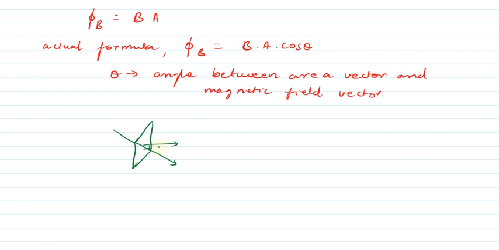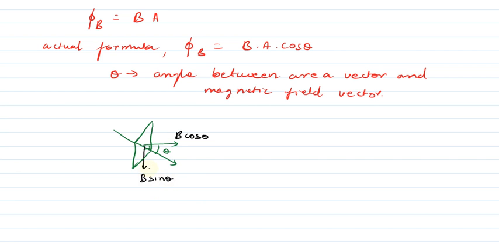The angle between the area vector and the magnetic field vector is theta, and as we can see, the magnetic field is not perpendicular to the surface, so we are going to consider the components of the magnetic field, that is B cos theta and B sin theta.